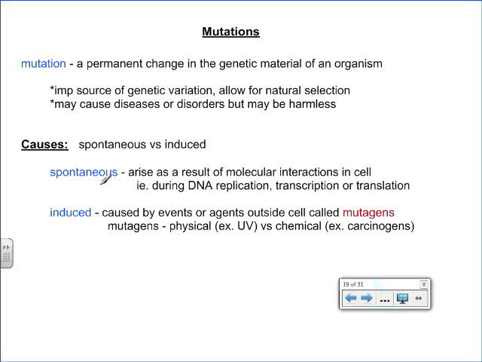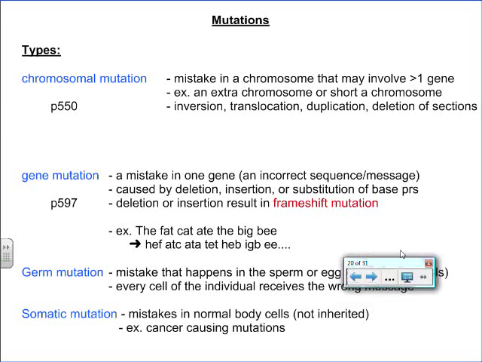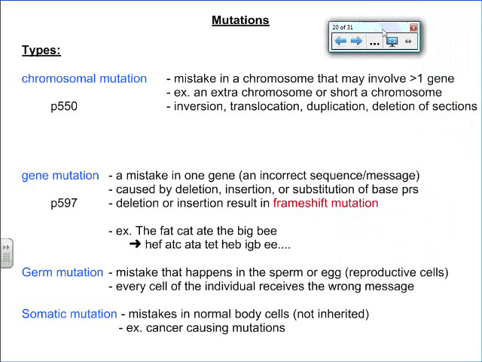Okay, so we have things like viruses or bacteria or things like that that can cause mutations to arise as well. We don't have to know a whole lot about them.